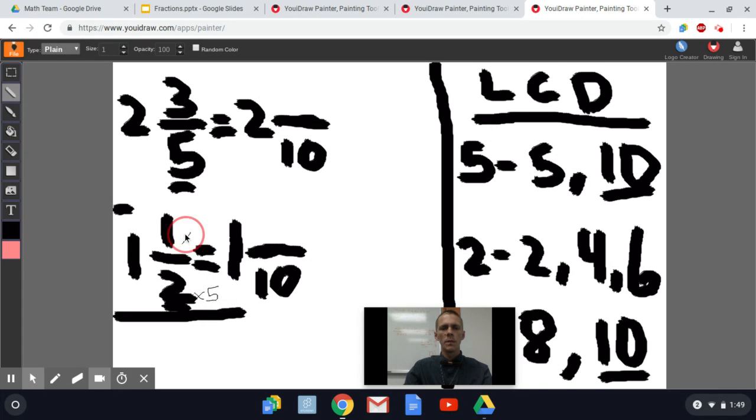So whatever you do to the bottom, let's do it to the top. 1 times 5 is, perfect, 5. Let me clean that up. So notice I also, as always, brought over the whole numbers. Brought over the 1, brought over the 2.